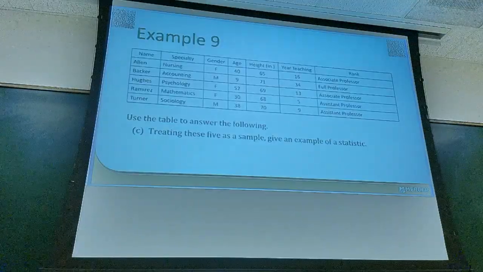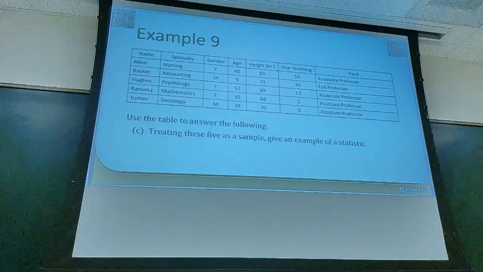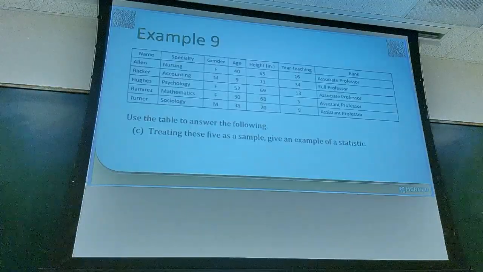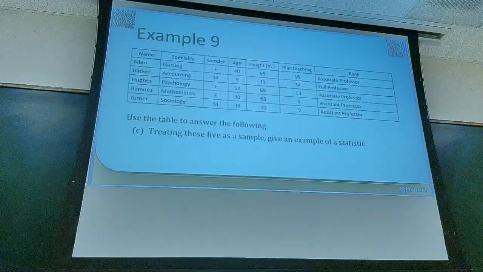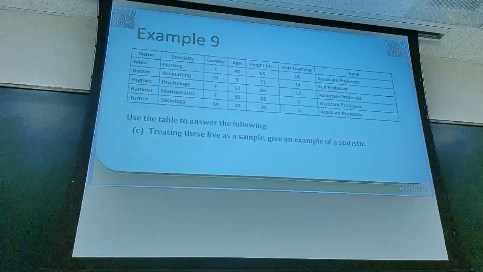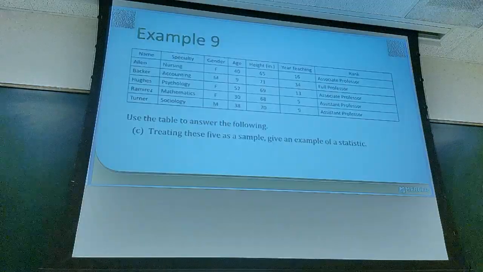Treating these 5 as a sample, give an example of a statistic. There's only one correct answer. You go, okay, what's the mean age? What's the average age? What proportion of full professors would also be a statistic.